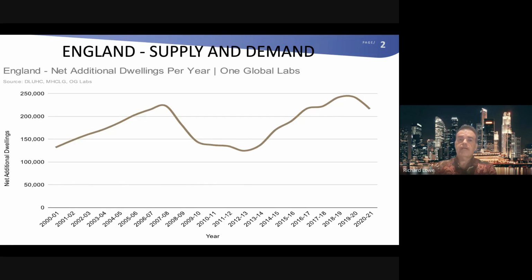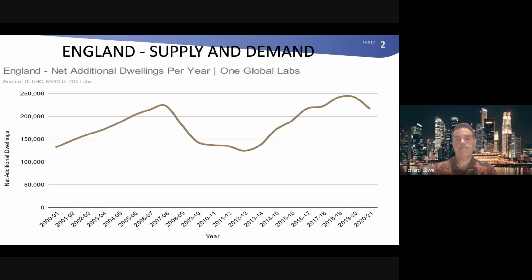But the government has estimated that the UK needs an average of 300,000 units built every single year to keep up with demand. We can see over decades that in no one year has the construction industry and real estate industry been able to deliver 300,000. And so the situation is actually getting worse rather than better.